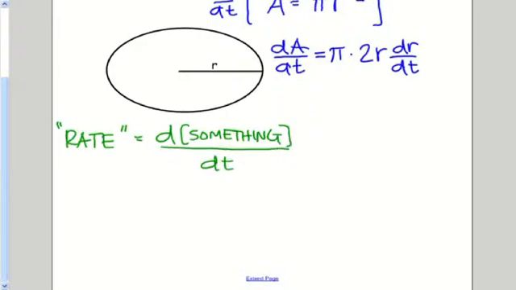It's how fast something is changing with respect to time. In this case, our rate is of the radius. So that's going to give us dr/dt.